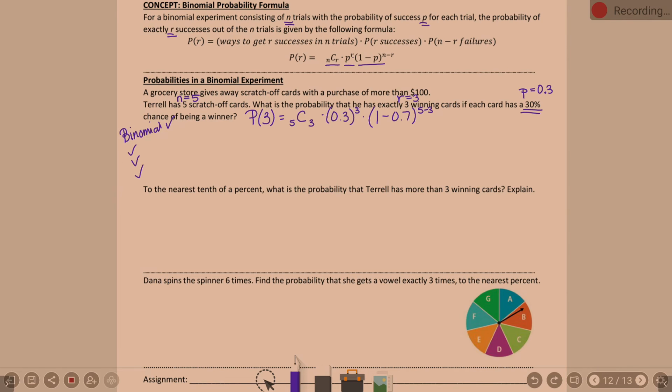All I did is fill in the formula as is. I didn't do anything fancy right now. Are we okay with how I filled in the formula?